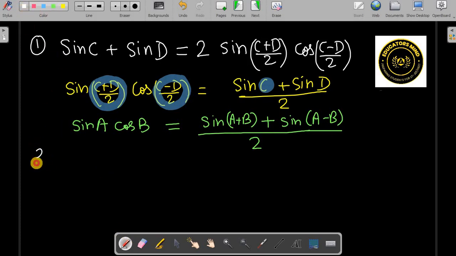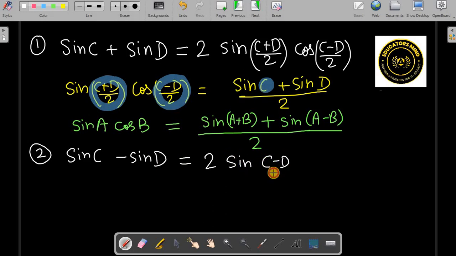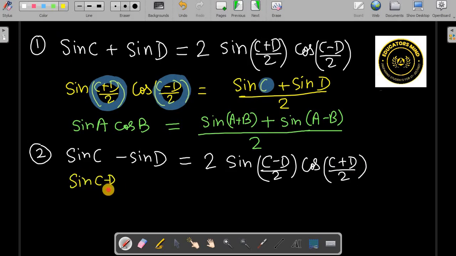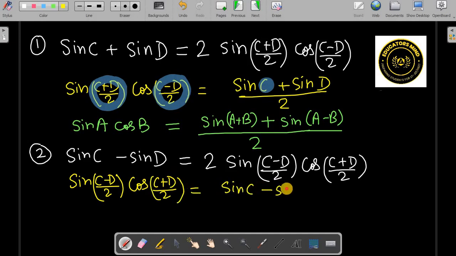So this can also be written in this form. Similarly, the second equation, sine C minus sine D, can be written as 2 sine (C minus D) by 2 cos (C plus D) by 2. This also can be written in the reverse manner: sine of (C minus D) by 2 cos of (C plus D) by 2 is equal to (sine C minus sine D) divided by 2.